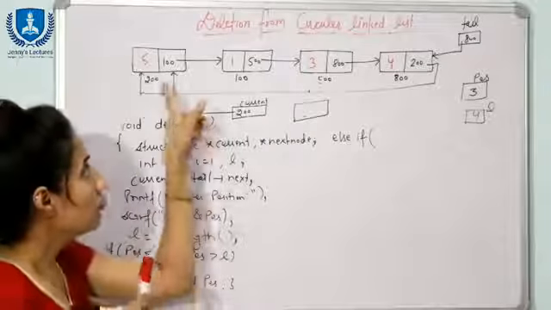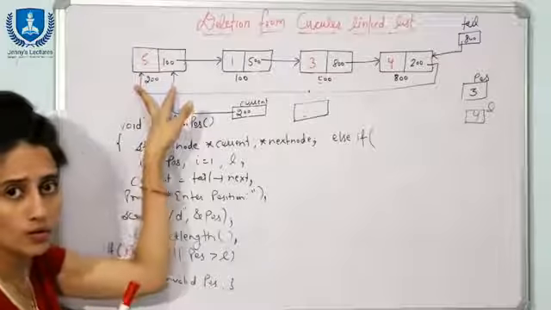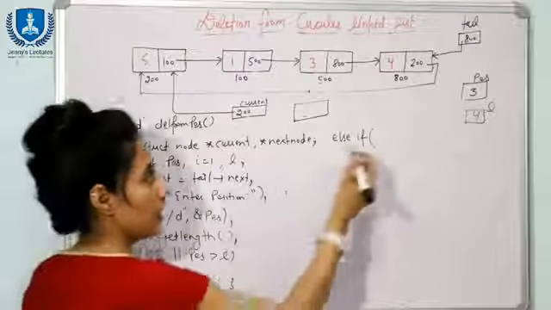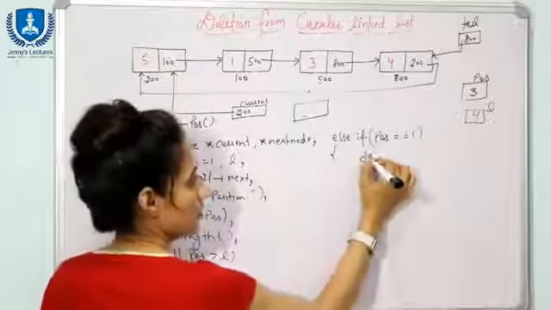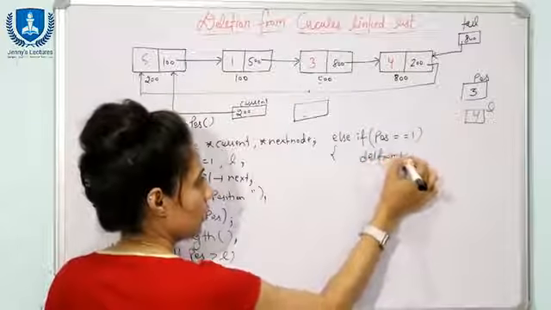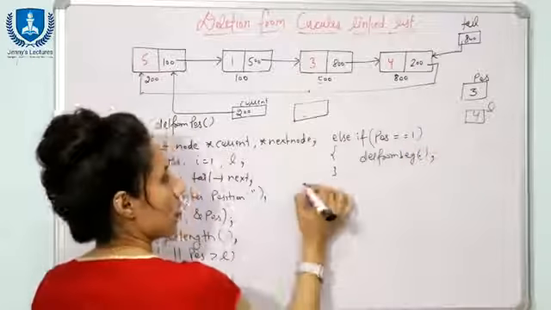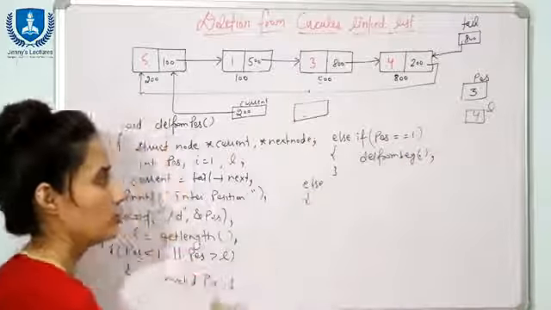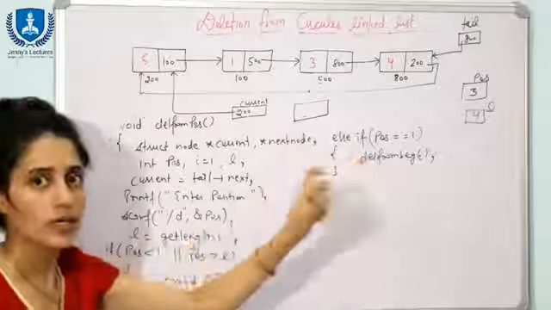Suppose the position is 1, it means you want to delete from the beginning only. This is the same as we have discussed in the code for delete from beginning, so you can call that function directly.